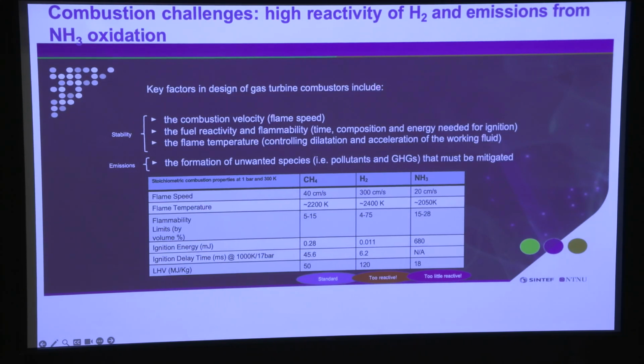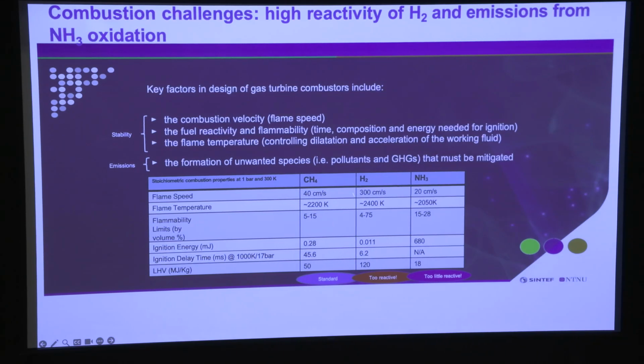As I mentioned already, it's highly reactive. In this chart here, we compare some of the properties of methane, hydrogen, and ammonia in terms of the flame speed and flame temperature. So you can see that whereas methane is about 0.4 meters a second, hydrogen burns at about 3 meters a second, and ammonia burns at even half the speed of methane, so it's barely burning at all, with a very low propagation speed.